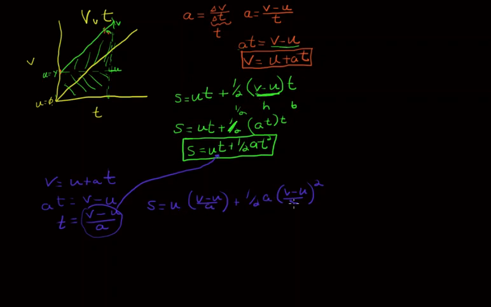We got A in both of these, right? Let me make sure I'm doing this right. Okay, so S equals U over A, I can just bring that A out there, times V minus U, plus 1/2 A over A squared times v squared minus uv plus u squared, right?